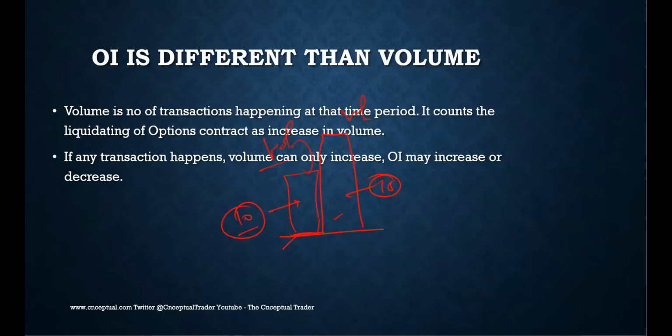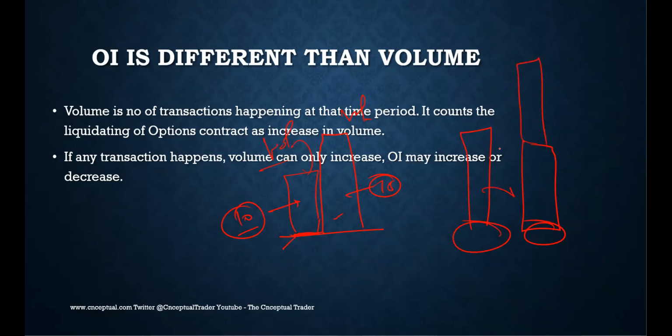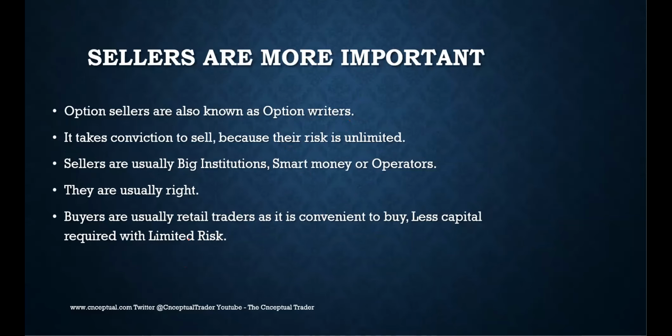Whenever we say volume has decreased, that means the number of transactions in that time frame has decreased compared to the previous same time frame. And if the number of transactions increases, then we'll say volume has increased. So for that particular time period, volume can only increase, volume cannot decrease. But OI can.